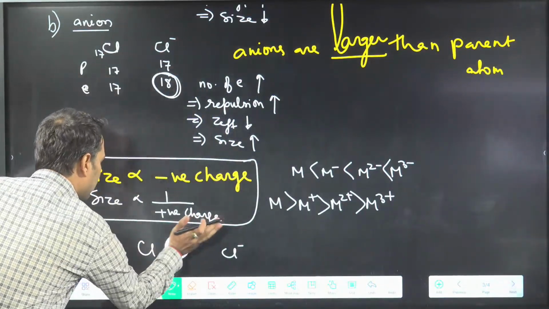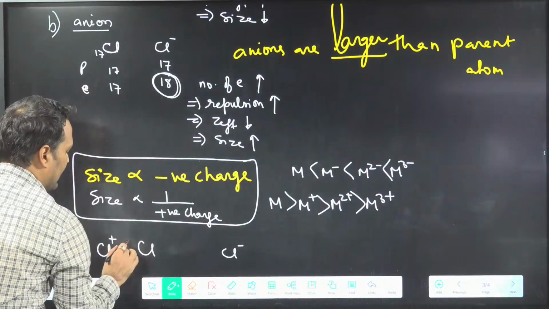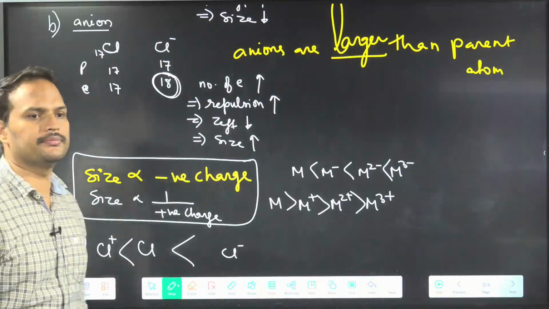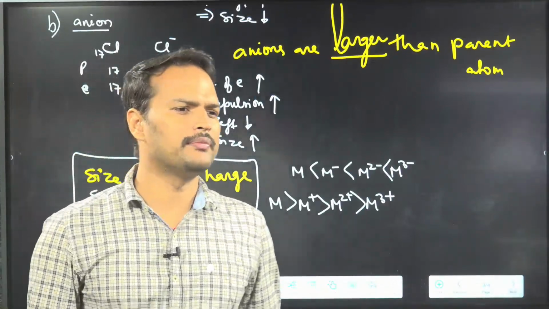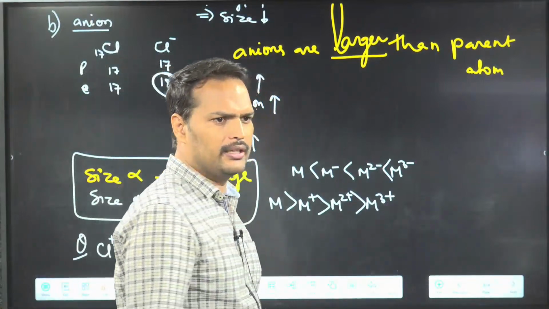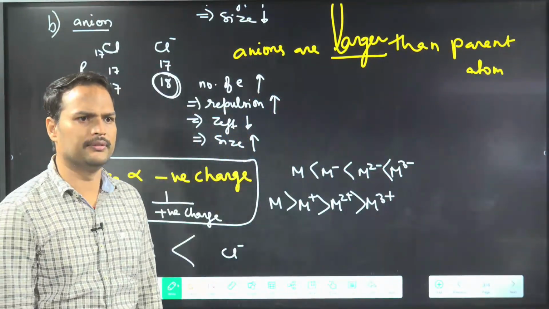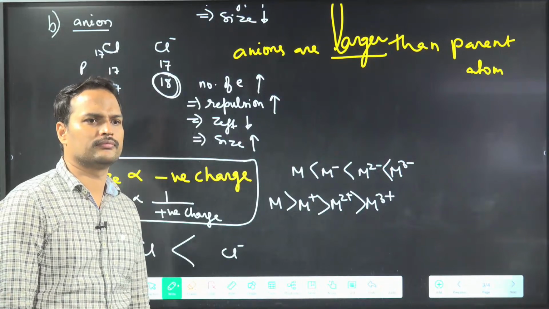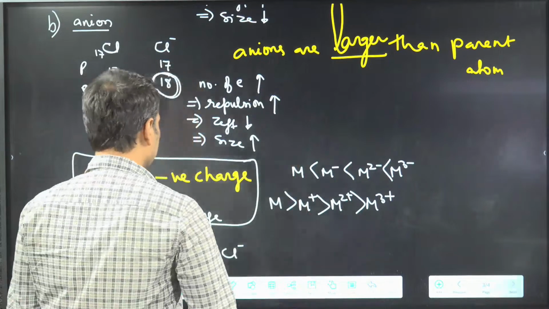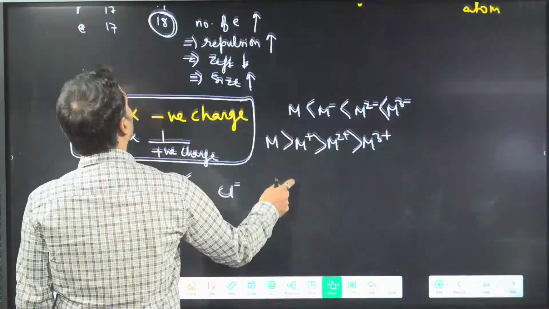Cl plus is smallest. Cations are smaller than parent atom. Anions are bigger than parent atom. Clear? Understood? All of you understood these basic things? Done?